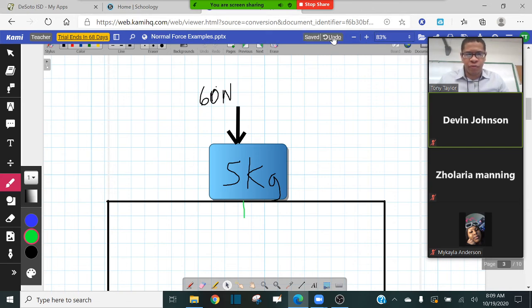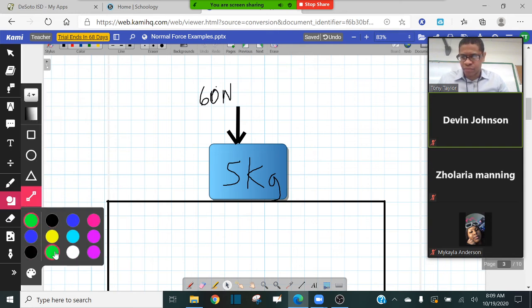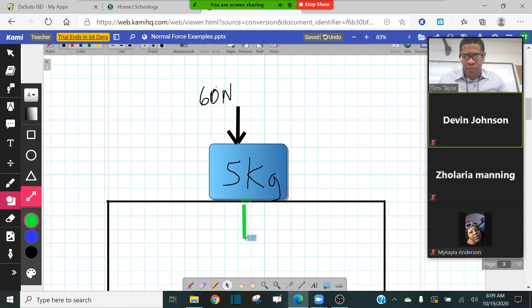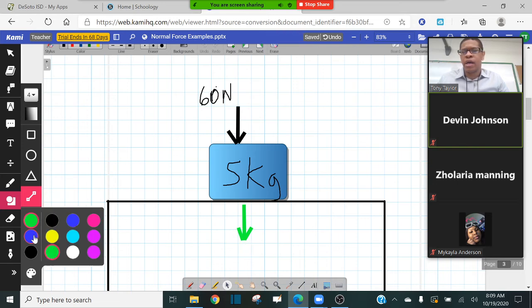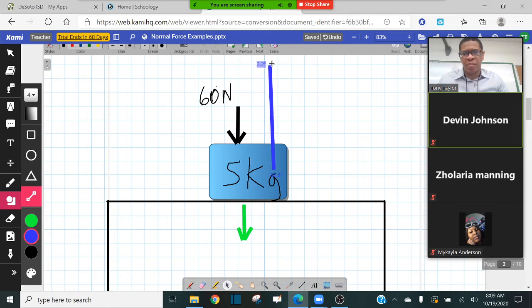So there's more than one force involved here. We know there's gravity pushing down on the block. And also there's a normal force acting on this block.